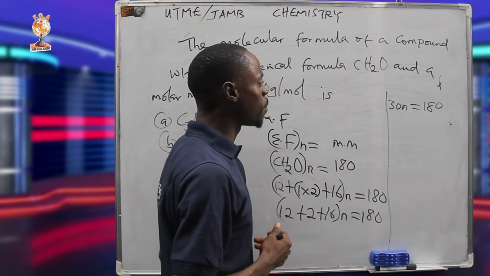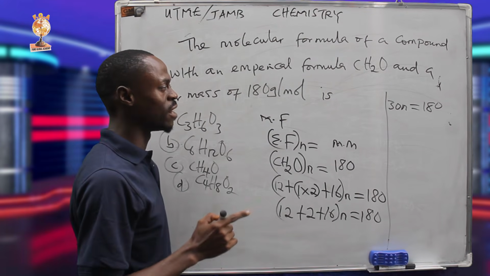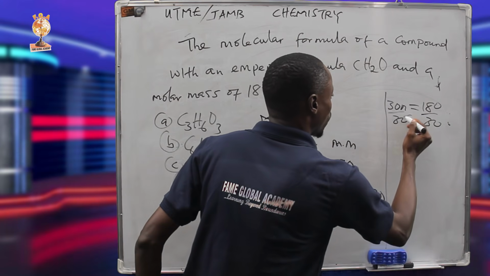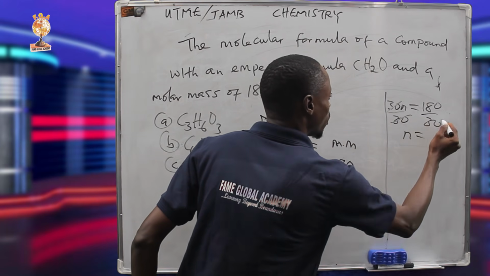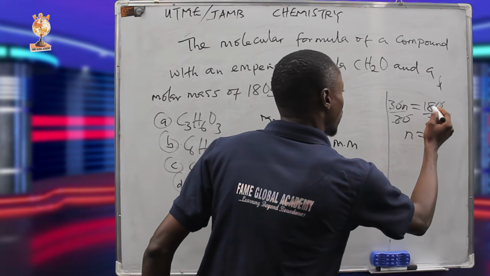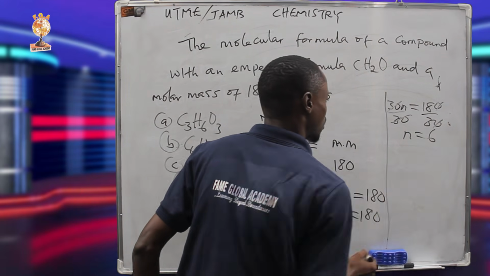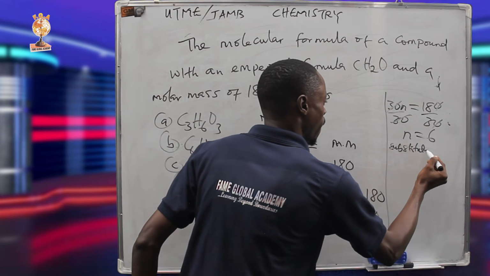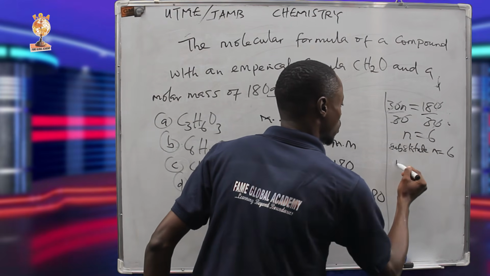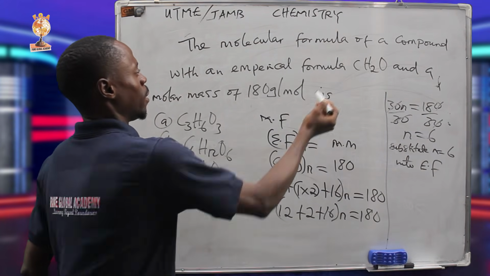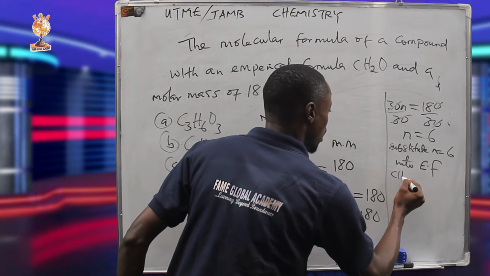Now divide both sides by 30 to make N the subject of the formula. When you do that, 18 divided by 3, we have 6. Then substitute N equal to 6 into the empirical formula. Now the empirical formula is CH2O.